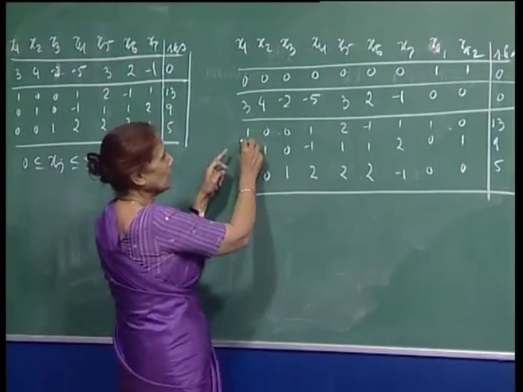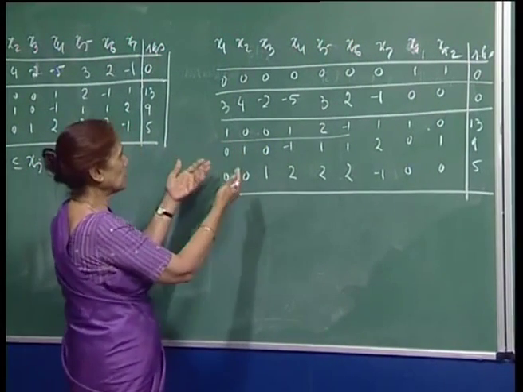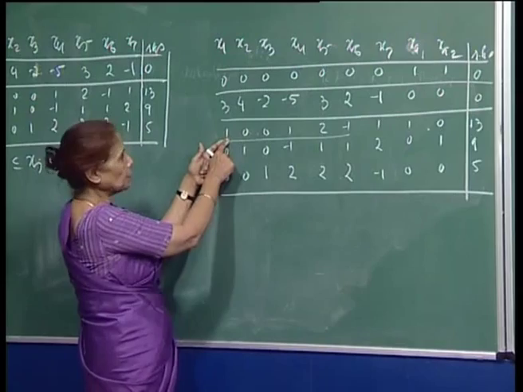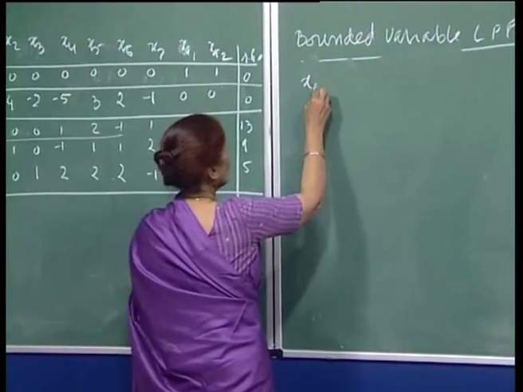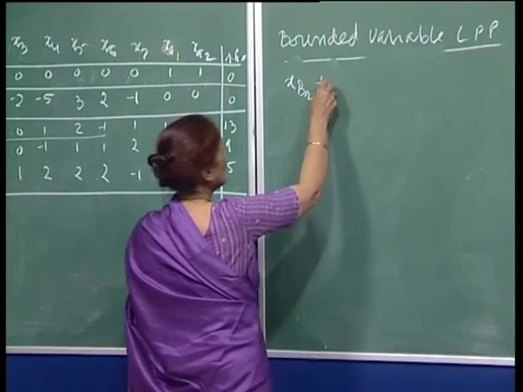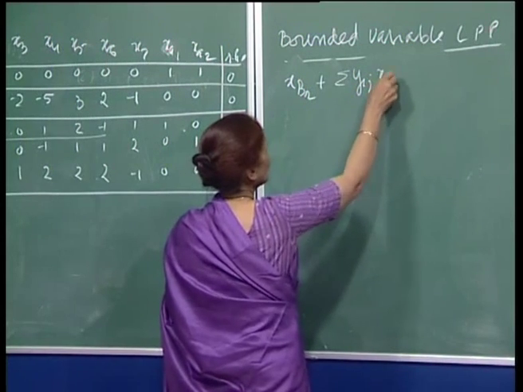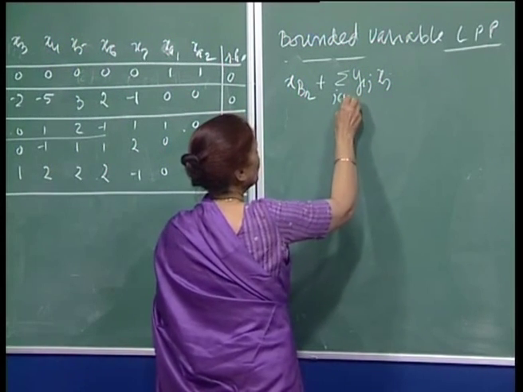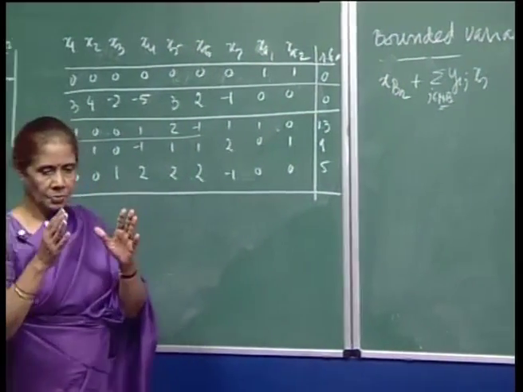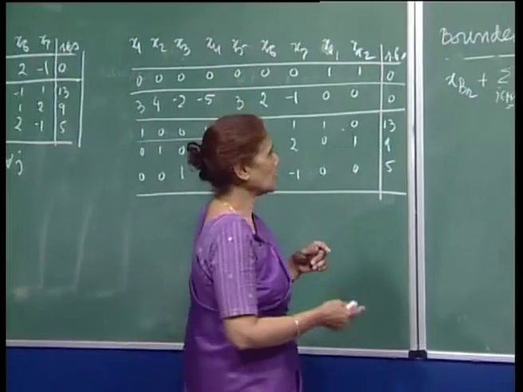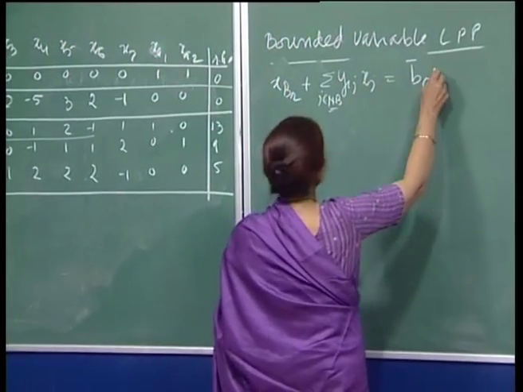So, for example, if you look at this constraint, the transformed constraint looks like xbr plus summation yrj xj, j belonging to the non-basic set. Let me introduce this notation also, because B corresponds to the basis set and N corresponds to non-basic. So, this is equal to br bar.